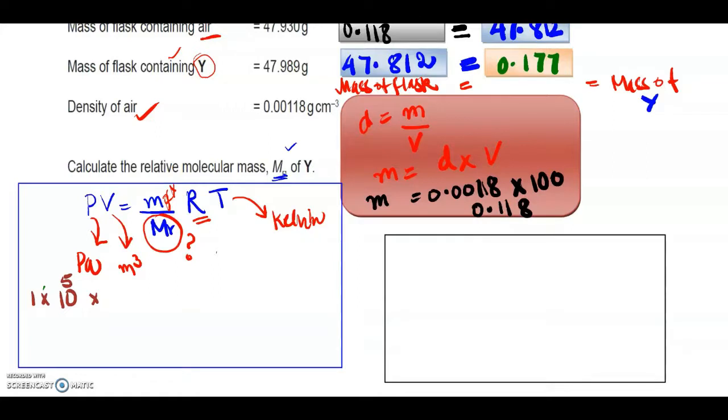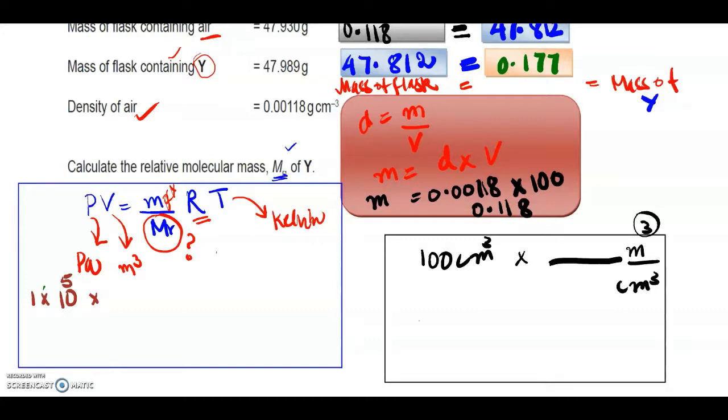This is a simple method to do any type of conversion. Your volume is 100 centimeter cube, as given in the question, and you want it in meter cube. So the unit in which we want to get the answer, we put it here, and the one which we eliminate, we put it here.